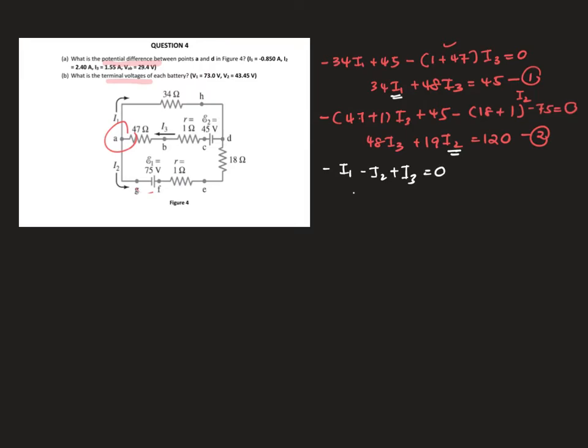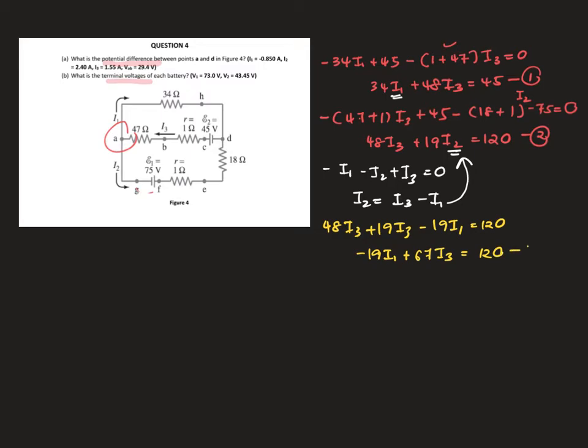So I'm going to put I2 as my subject, so I get I3 minus I1. Once I get this, I'm going to insert that into this equation. Therefore, my new equation is 8I3 plus 19 times I3 minus I1 equals to 120. So the answer is negative 19I1 plus 67I3 equals to 120.